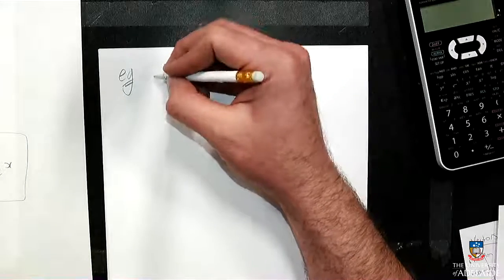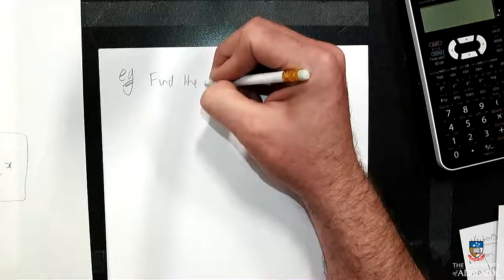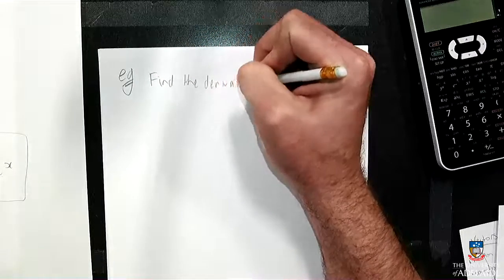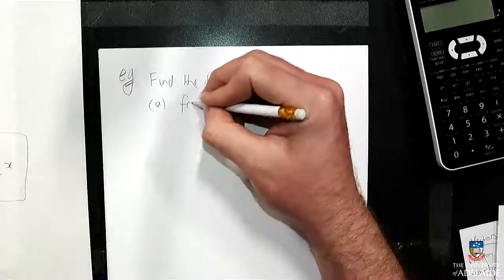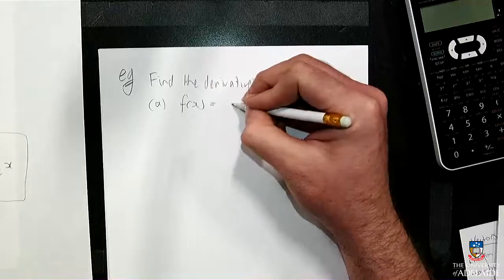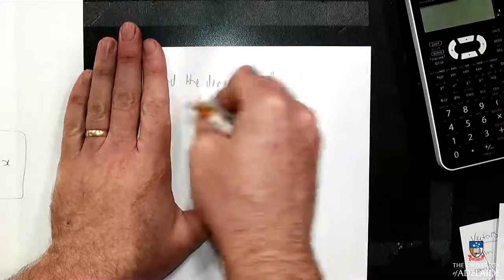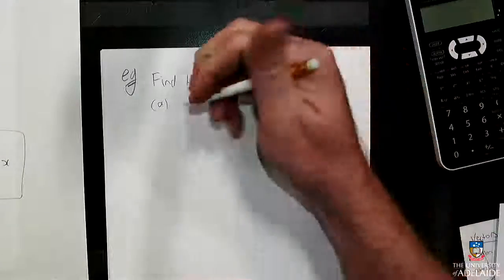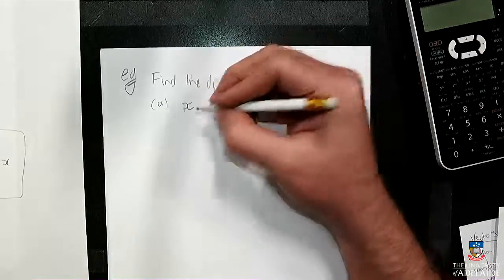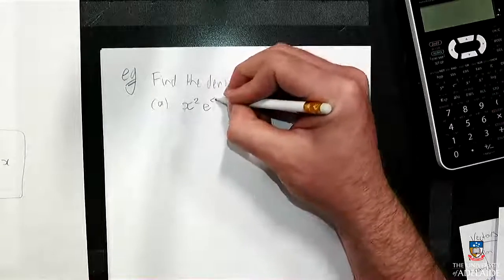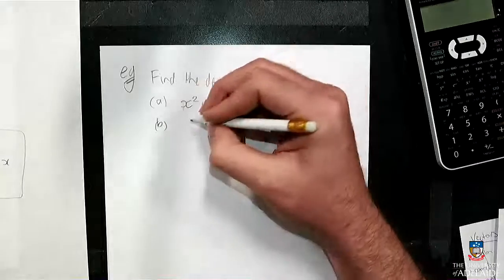All right. So f of x is going to be, now, I'm not going to give it a name, let's call it x squared e to the 4x plus 1. And we'll do one with an ln in it, say.